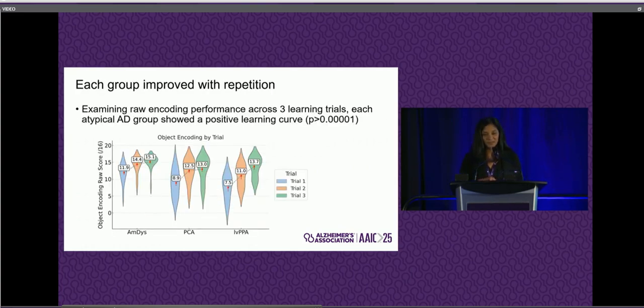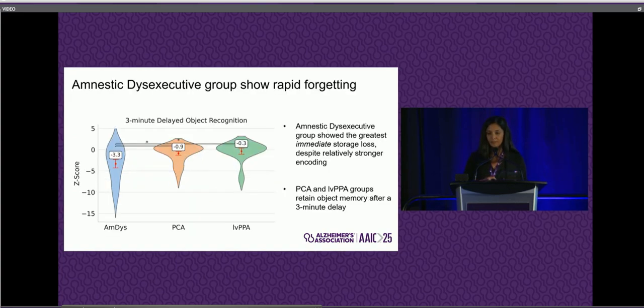Now, when we break performance down by each trial, we see that each group also benefited from repetition of those objects. So although the PCA and LVPPA groups started out lower on trial 1, they benefited significantly from repetition, and by trial 3, shown in the green, you can see that they're fairly comparable to the amnestic dysexecutive group.